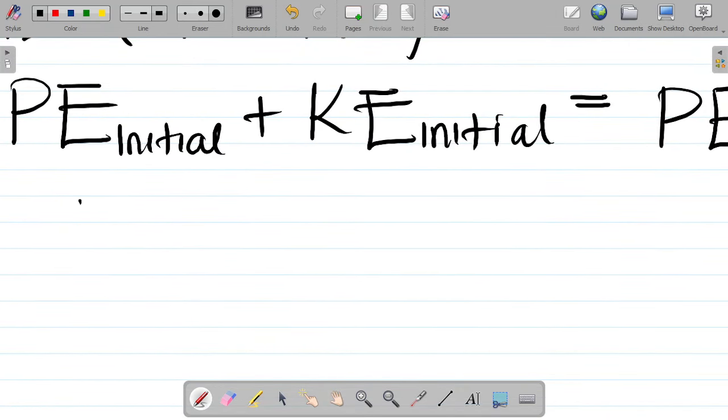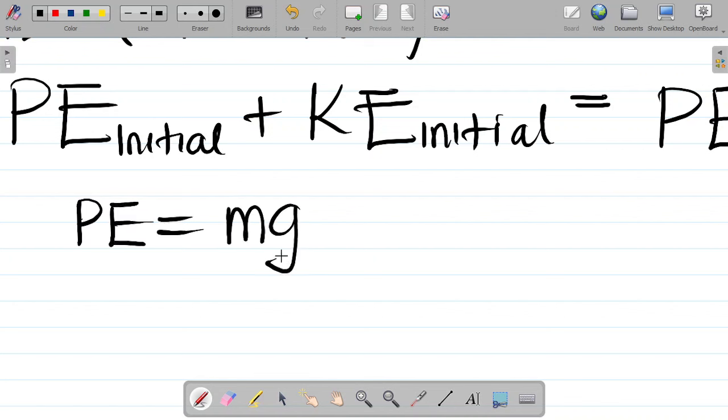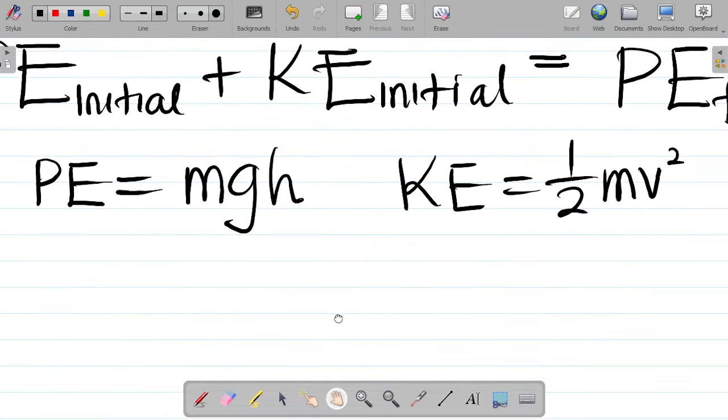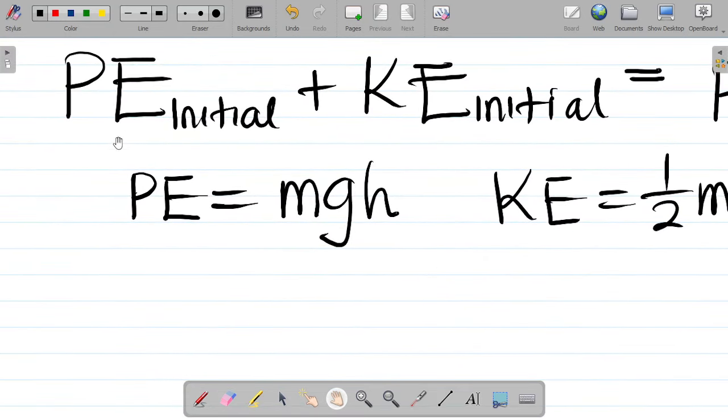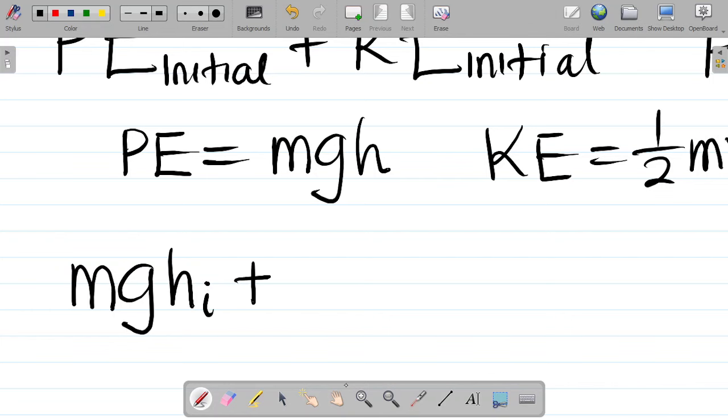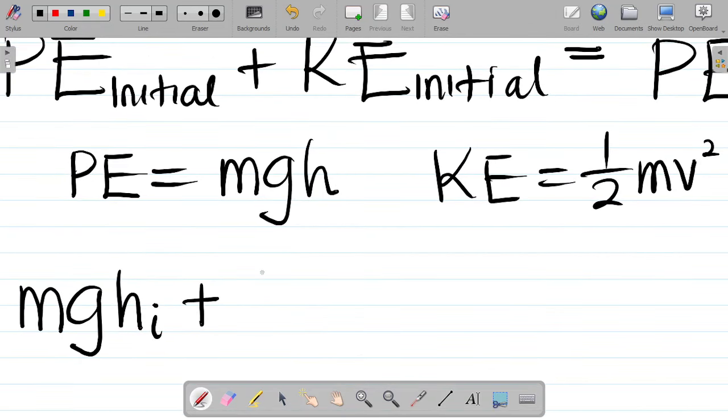Now for potential energy, recall that the formula is simply equal to mass times gravity times height. Then kinetic energy, the formula is simply half mv squared. Now using the concept of initial and final, potential energy becomes m, that's mass, times g, gravity, times height initial, plus the initial kinetic energy, which becomes half times mass times initial velocity u all squared.